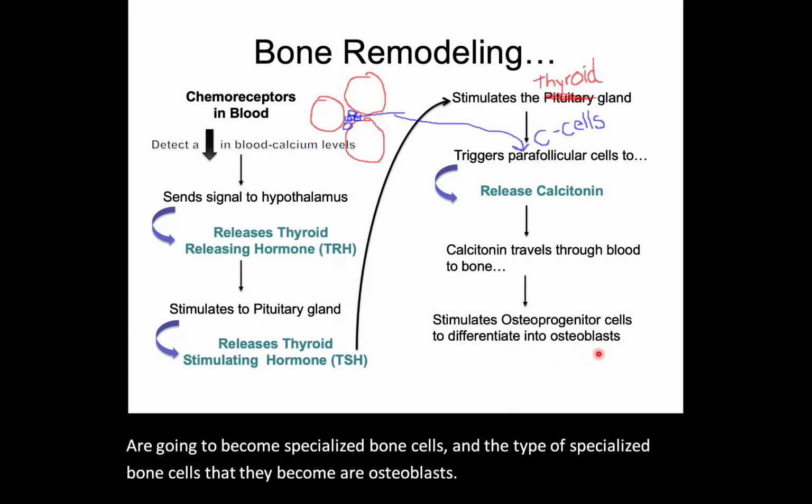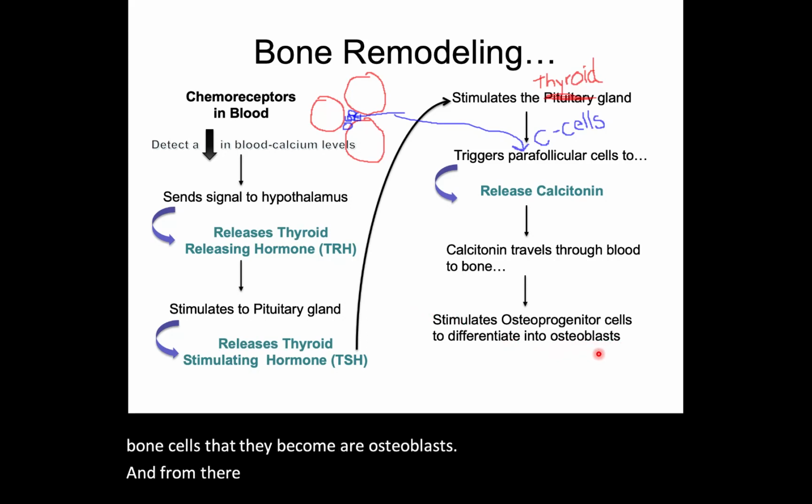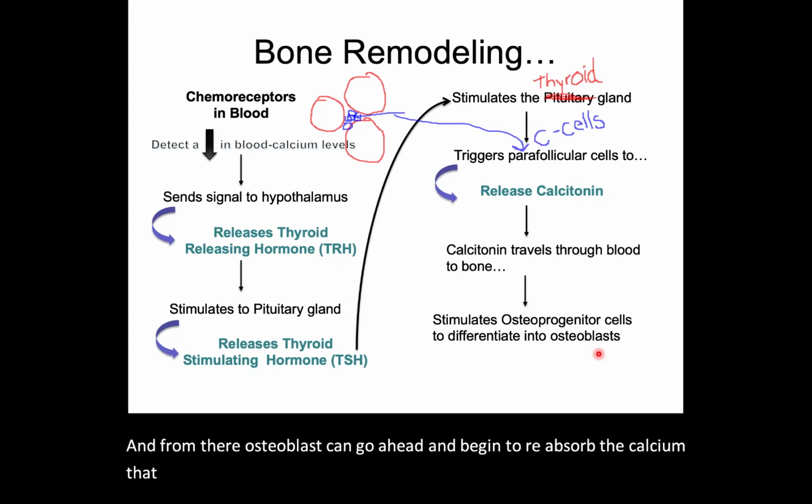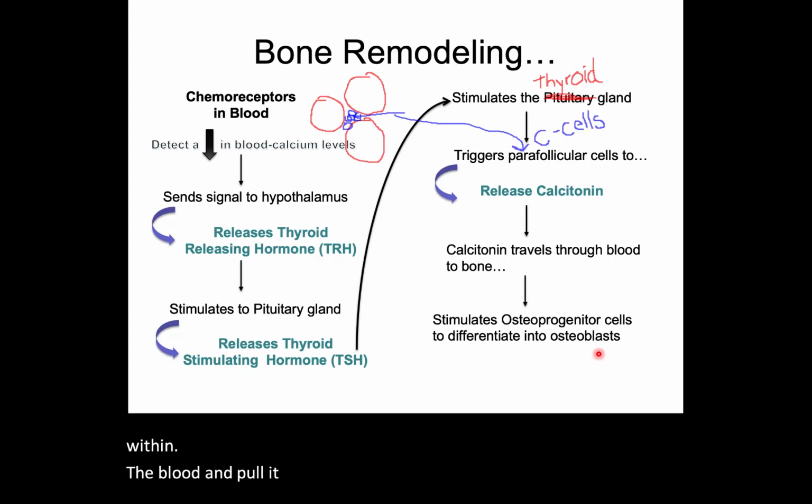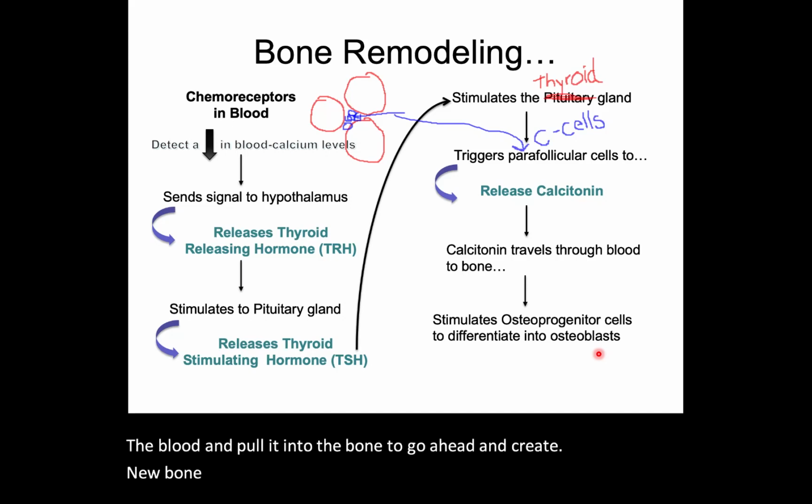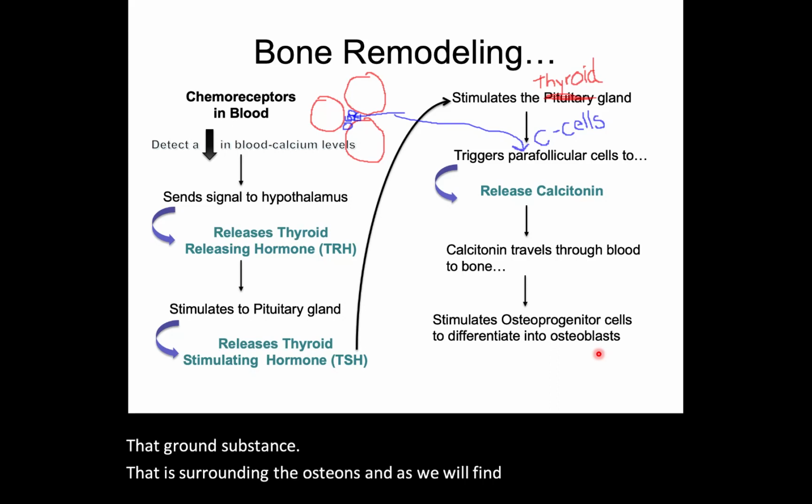And from there, osteoblasts can go ahead and begin to reabsorb the calcium that is elevating blood calcium levels. It's going to pull that calcium from within the blood and pull it into the bone to go ahead and create new bone matrix. It's going to harden that ground substance that is surrounding the osteons, and as we will find out and discover, actually makes up the osteons.